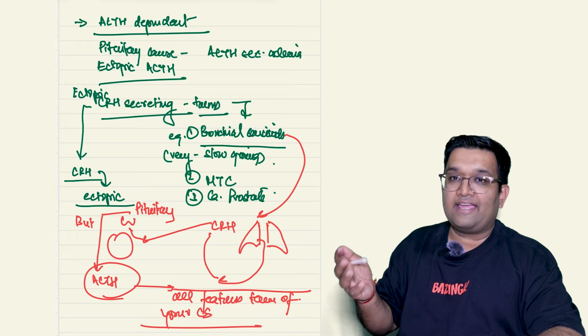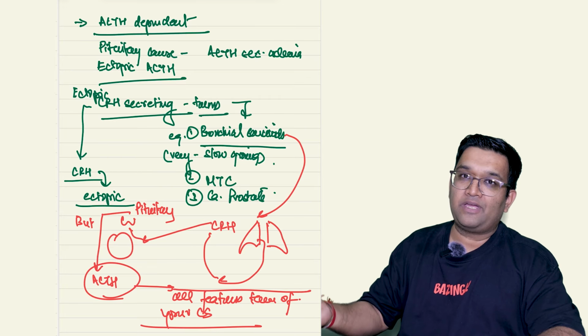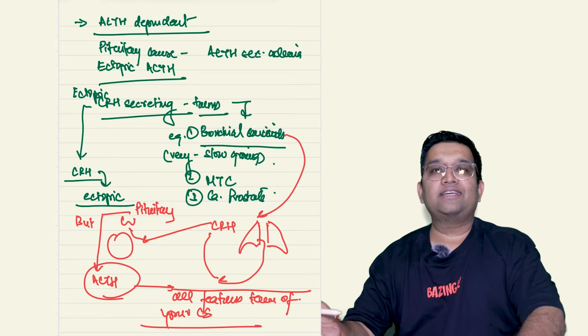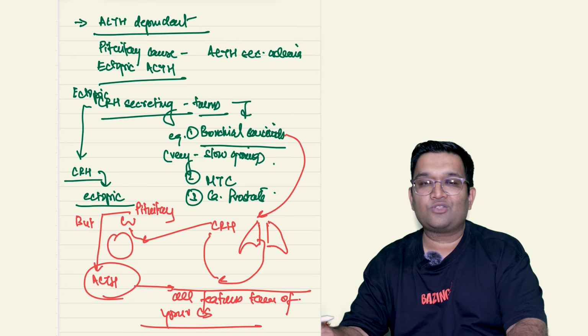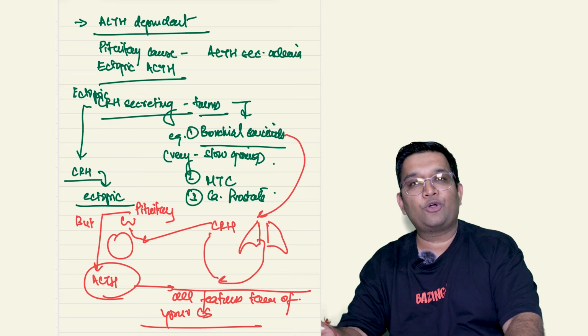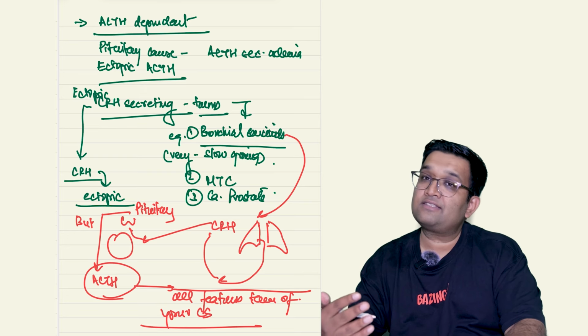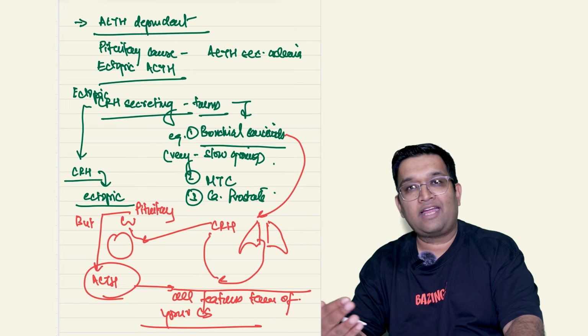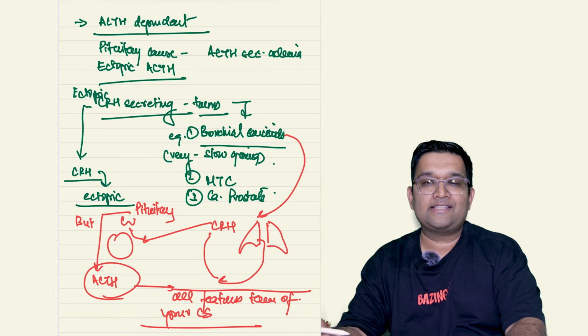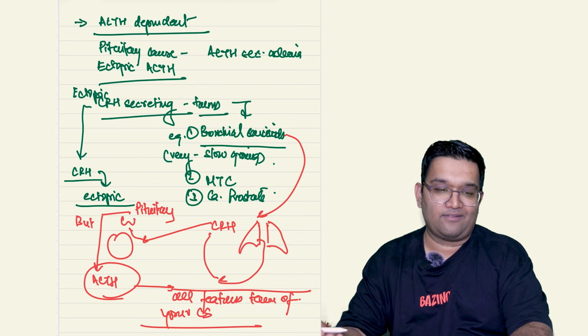But like ACTH was being produced ectopically in case of the ectopic ACTH syndrome, where the classical example was small cell lung carcinoma, here the CRH is going to be produced ectopically, but the secretion of ACTH occurs from the pituitary itself. And here the examples are three: the bronchial carcinoid, the MTC, as well as the CA prostate.